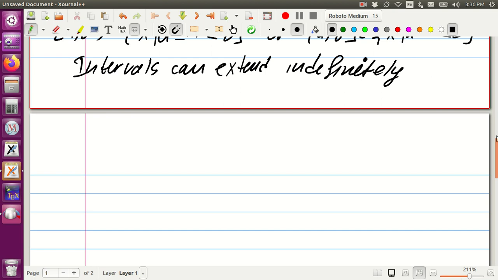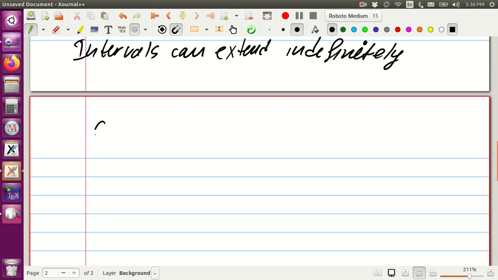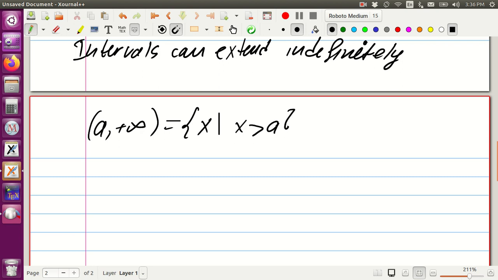For example, we can have something like a to positive infinity. That would mean all x such that x is strictly greater than a. And visually, for a you have to exclude it, and it has to go all the way to the right.